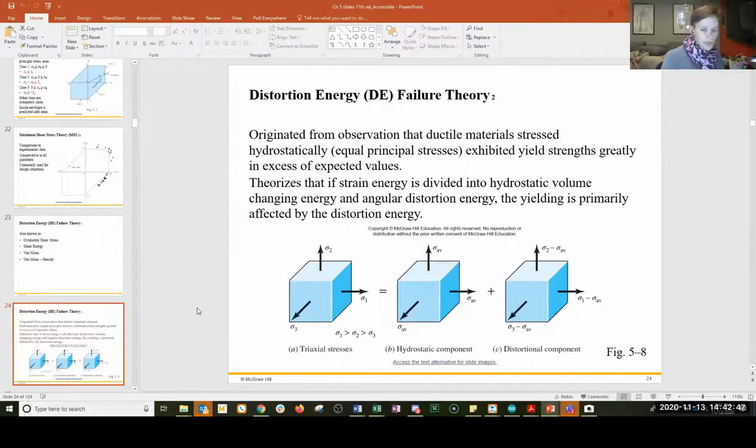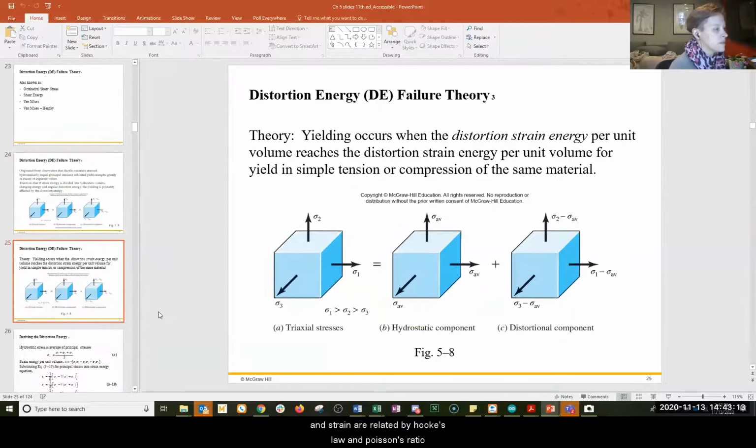Okay, so let's talk about distortion theory. As we are stressing an element, it is distorting. We know that we're in the elastic region. The stress and strain are related by Hooke's law and Poisson's ratio, so this is not news to us. We have studied this.